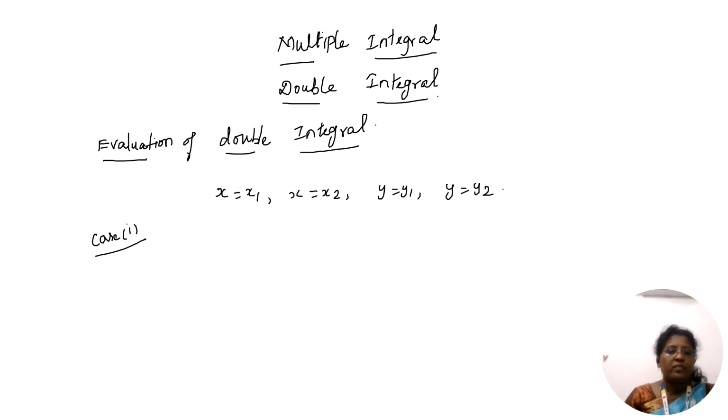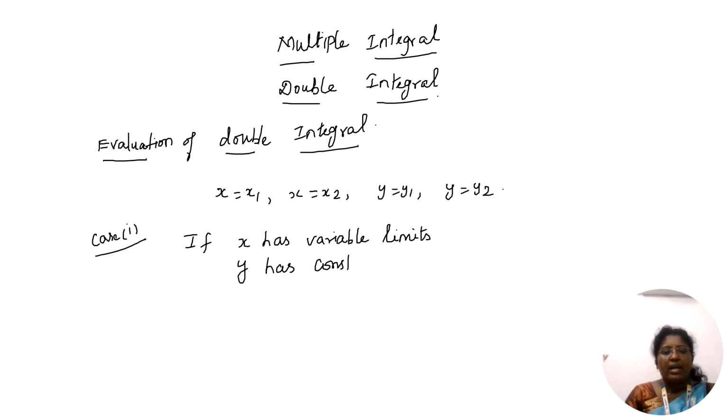Case 1. If x has variable limits and y has constant limits, let us consider the double integral of f of x comma y.